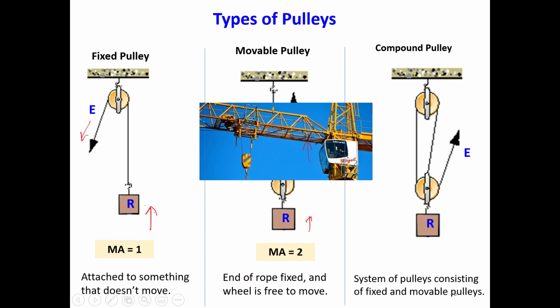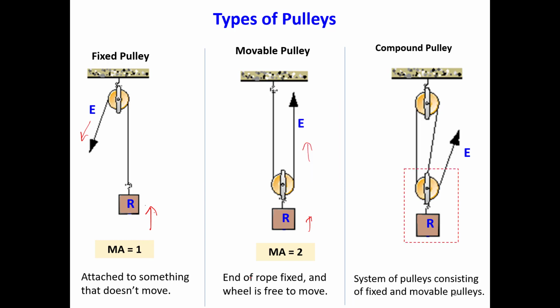The other type of pulley is the compound pulley. It consists of fixed and movable pulleys. And in this particular example, we had 3 ropes that directly support the resistance, and this is why in this particular case the mechanical advantage equals 3. Then again in this example, the effort is reduced by 3.